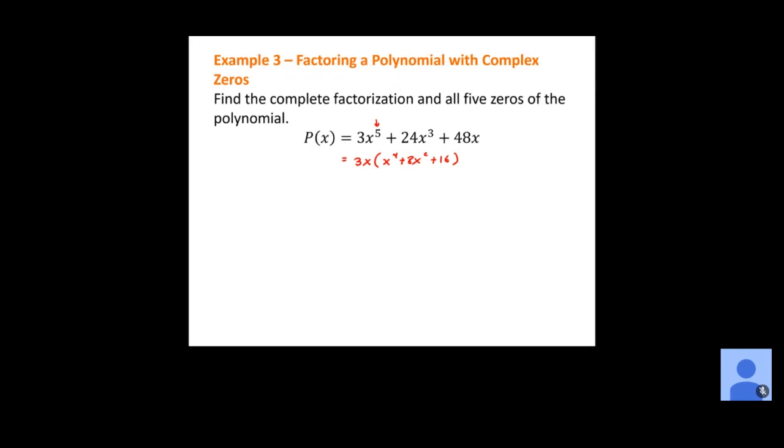We could find our P's and Q's, but in this case, we actually have a trinomial that we might be able to just factor into two binomials. So let's see if it factors first, and if it doesn't, then we'll go with our P's and Q's, right? I'm going to keep my 3x out front here, and I'm going to see if I can come up with two binomials that would give us x to the 4th plus 8x squared plus 16. So what would we start with to give us x to the 4th?